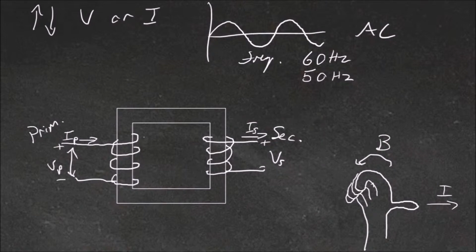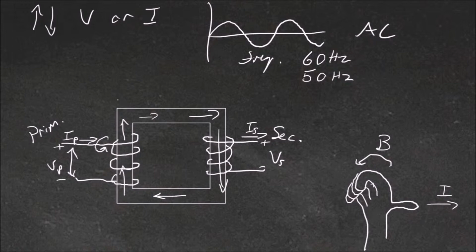So our magnetic field is going around here. And so adding up all the windings, the magnetic field adds up and flows through the coil this way. And it follows the iron core this way, and it connects back up.